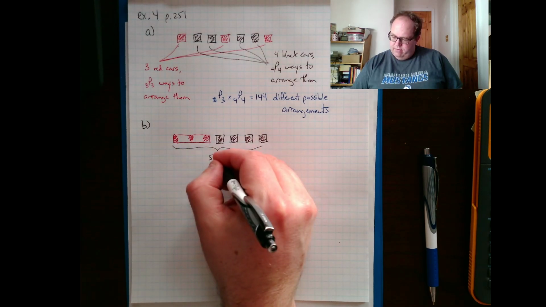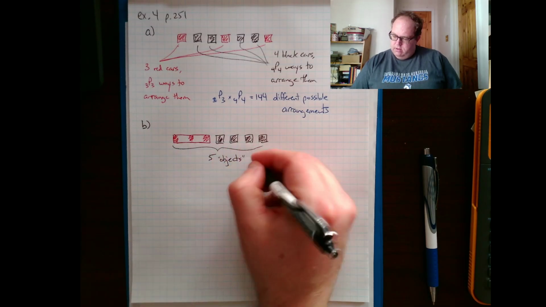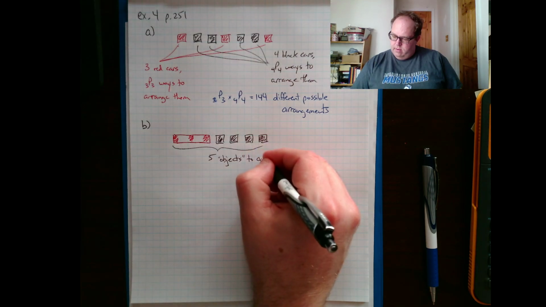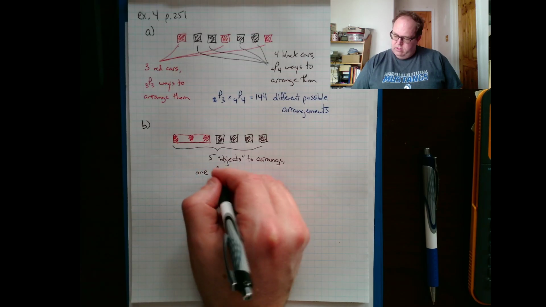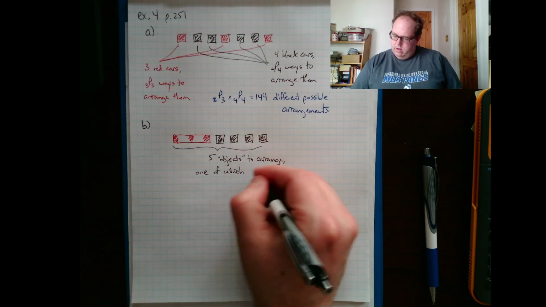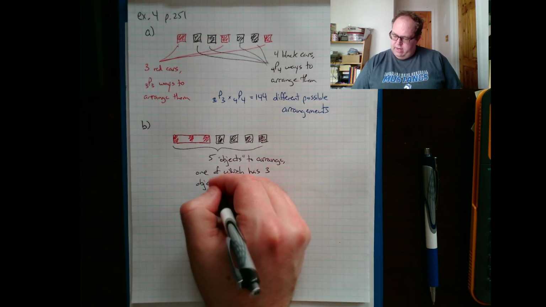So ultimately what I've got here is 5 objects to arrange, one of which has 3 objects in it to arrange.